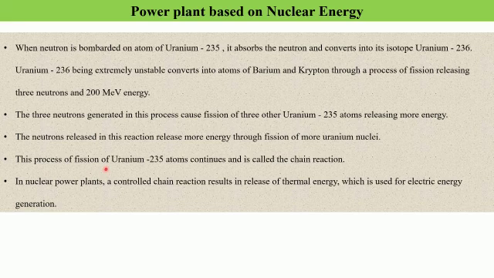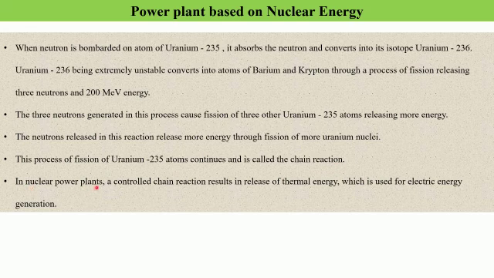This process of fission of uranium-235 atoms continues and is called a chain reaction. So the number of neutrons will keep forming and this process will constantly go on, with neutrons entering the nucleus of uranium and uranium getting split up into barium and krypton, that is 2 lighter nuclei, along with more and more neutrons. So this is called a chain reaction.